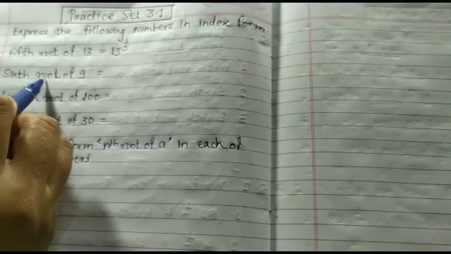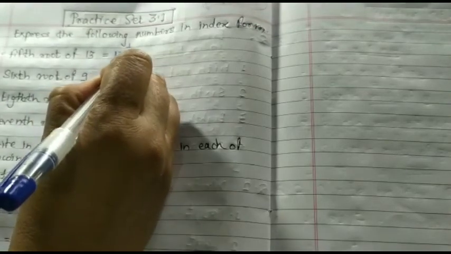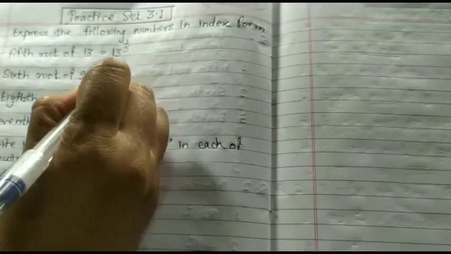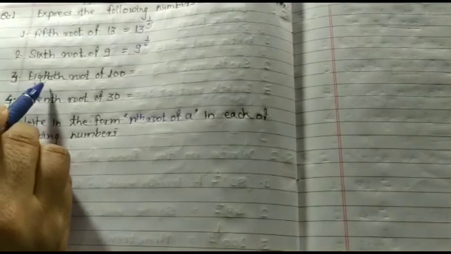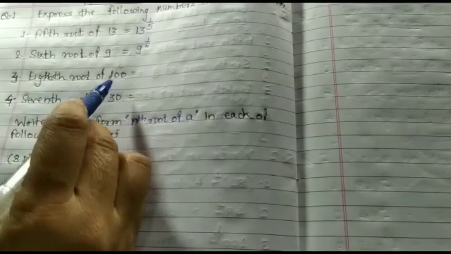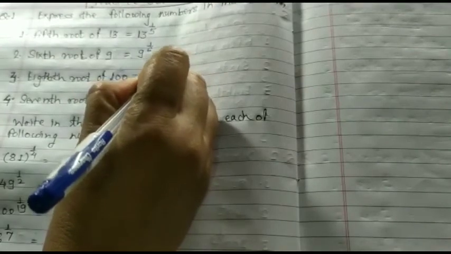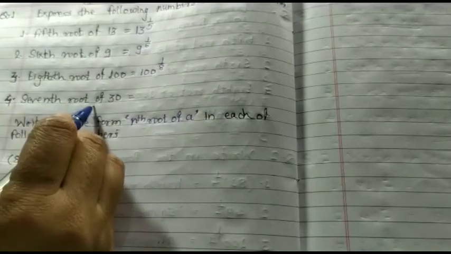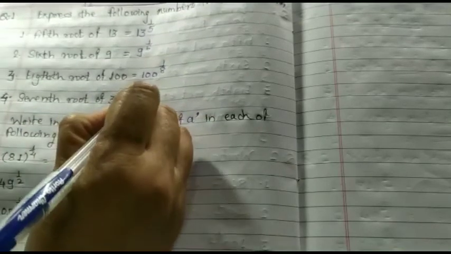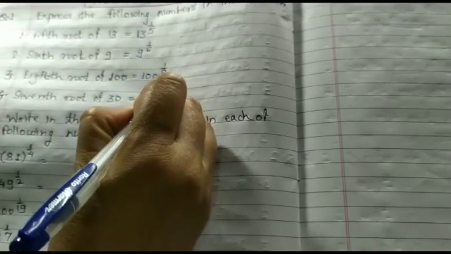Second, sixth root of 9, hence 9 raised to 1 upon 6, that is the sixth root. Third, eighth root of 100, that is 100 raised to 1 upon 8. Fourth, seventh root of 30, that is 30 raised to 1 upon 7.